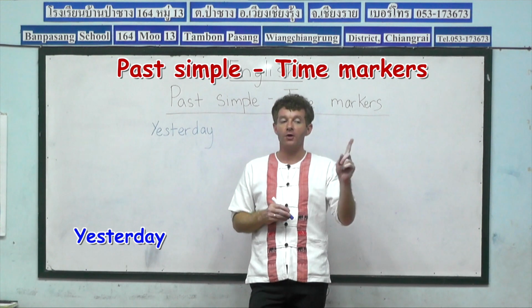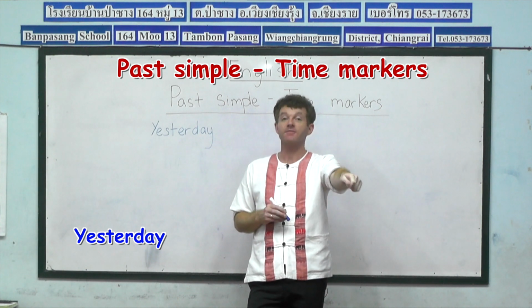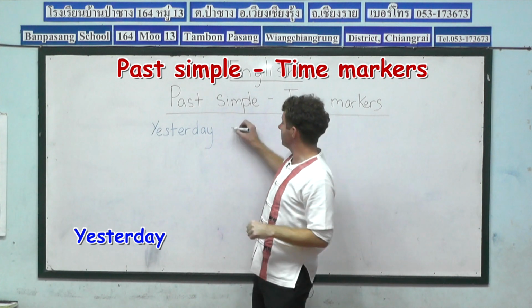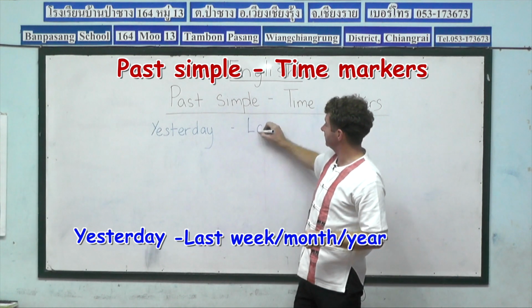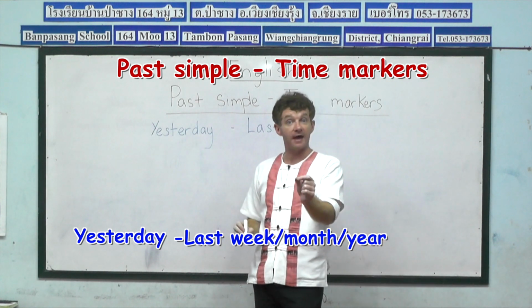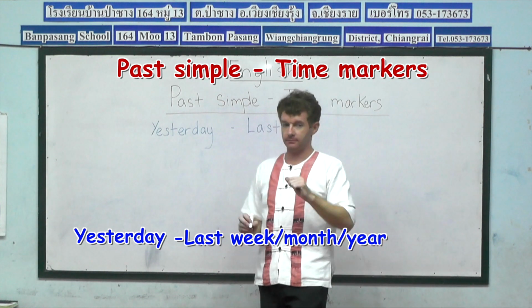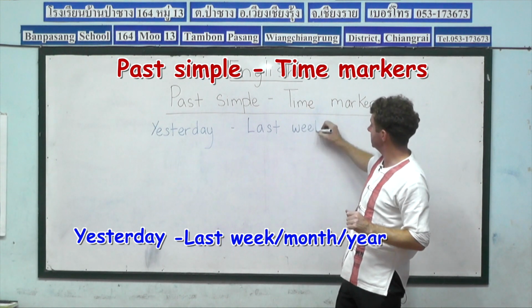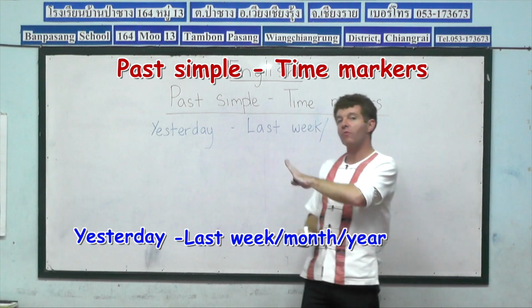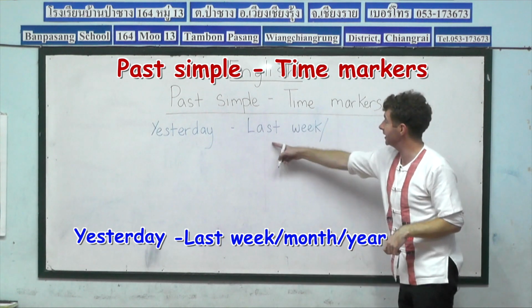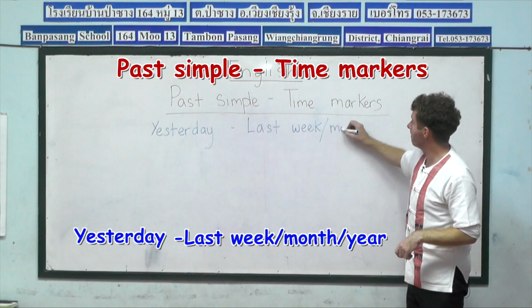But how about if we want to talk about things that were longer ago? A good word that we use, yes, that's right, last. Okay? For example, last week. But if we want to go further back than a week, we could say last month.